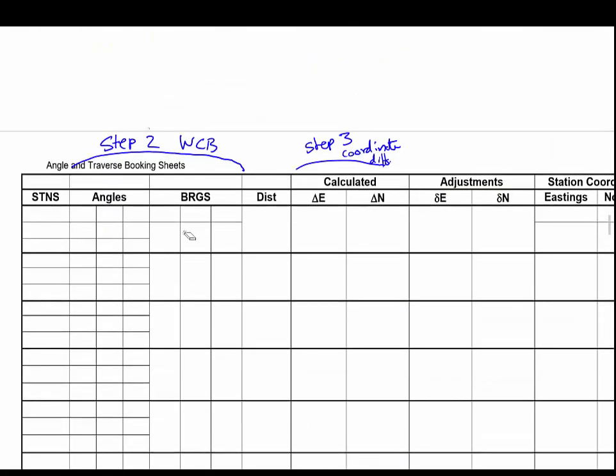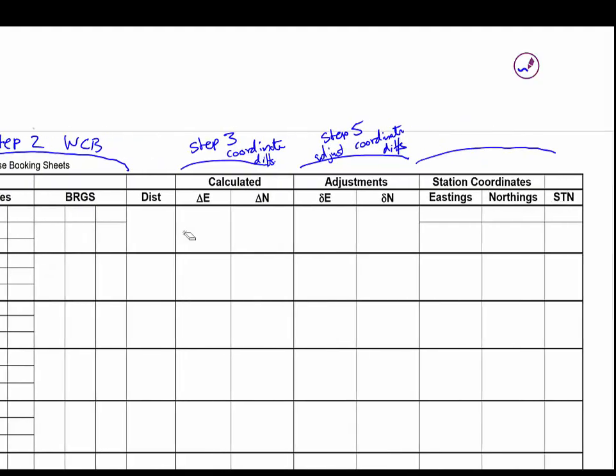Once you've worked out our misclosure, we can distribute it. We can do step 5, adjust the coordinate differences. And that leaves us with enough information to work out the final corrected coordinates.